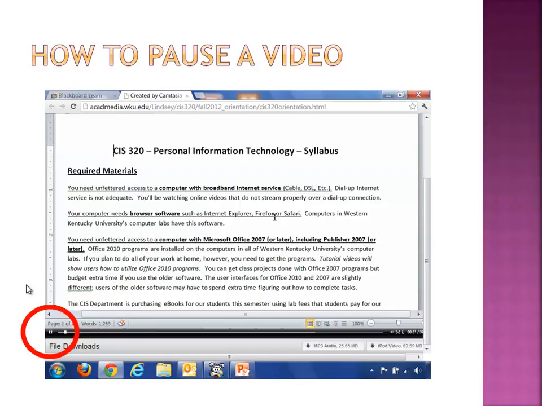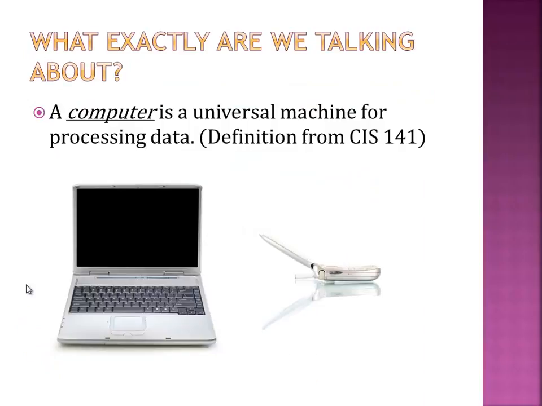To get there, we're going to have to look at a couple of different concepts and terms. To start with, let's take a look at just a computer. Please think back to your days when you took CIS 141 or CS 145 or whatever introduction course you took for your computing classes. We defined a computer in CIS 141 as a universal machine for processing data.